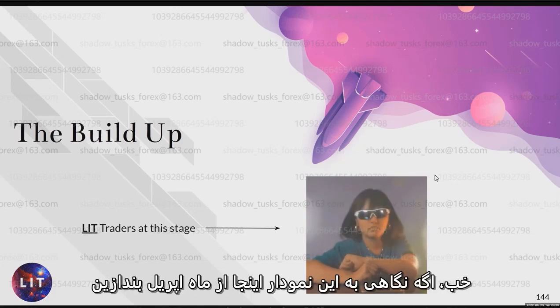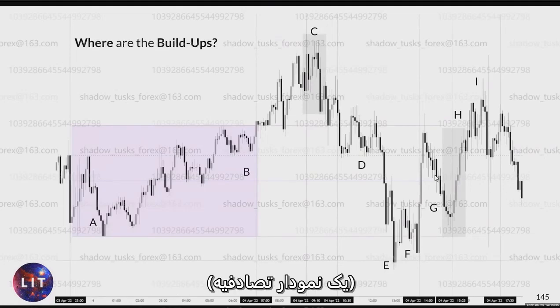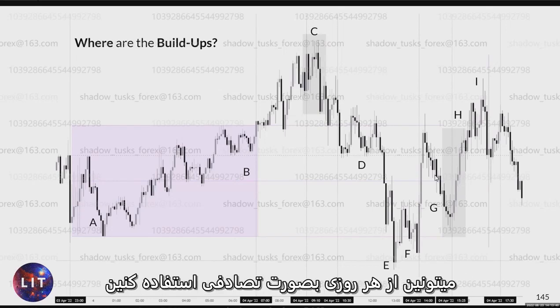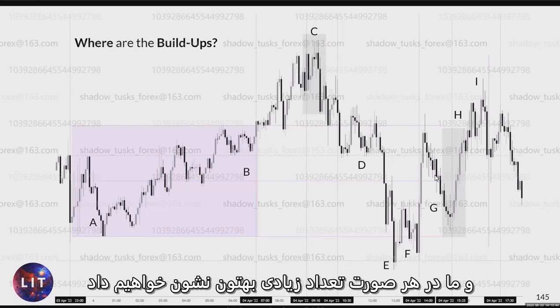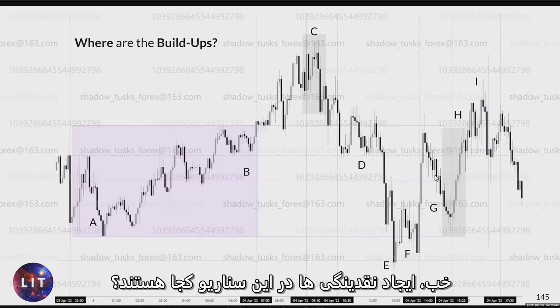Okay, so if you just look at a chart right here from April, just a random chart, it doesn't really matter. You will see if you backtest this later on, you can use any random day, and we will show you a lot of examples anyways. But this one, the 4th of April, okay, so where are the build-ups in this scenario?